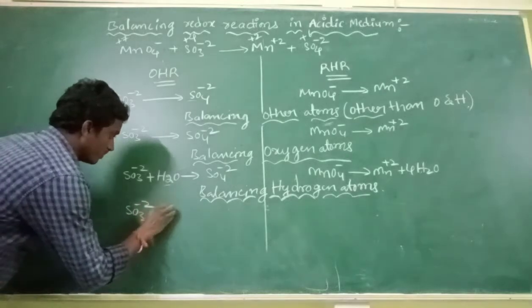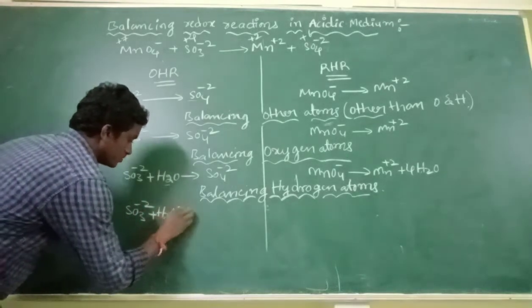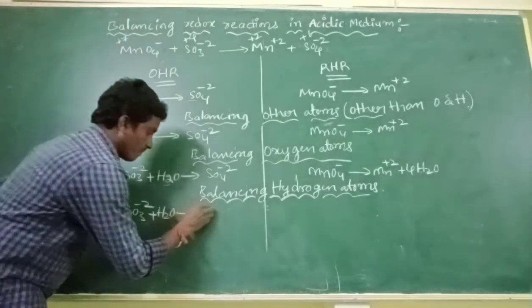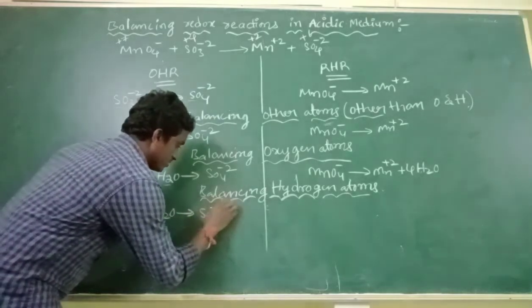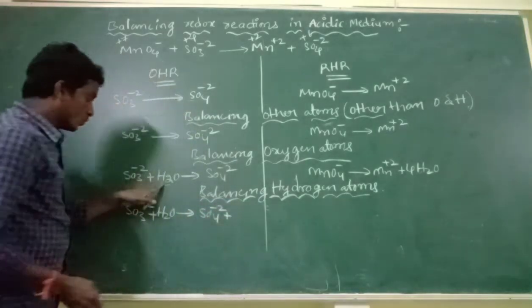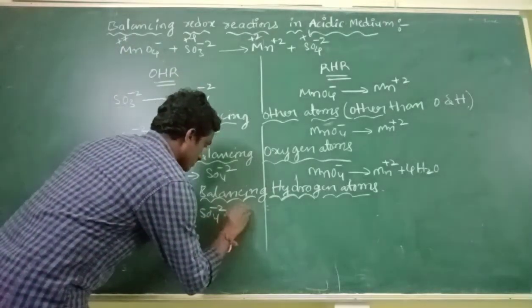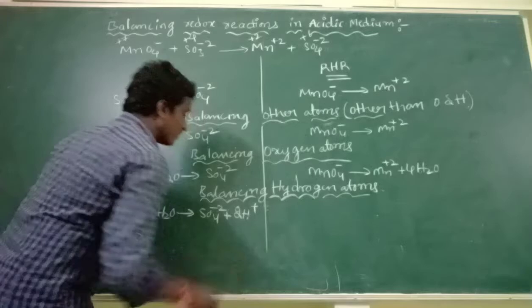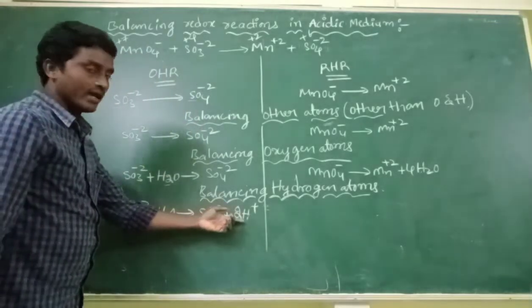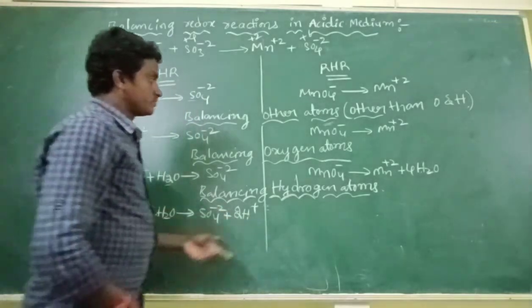SO3 minus 2 plus H2O gives SO4 minus 2 plus 2 H plus. This is acidic medium, so I am adding H plus ions directly.